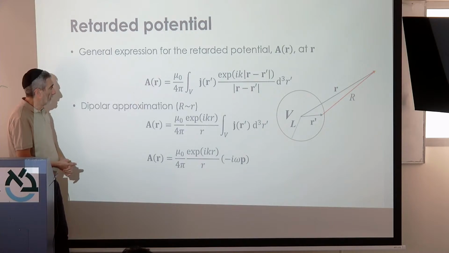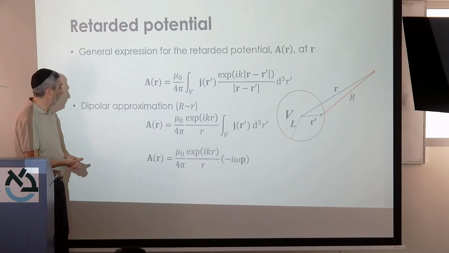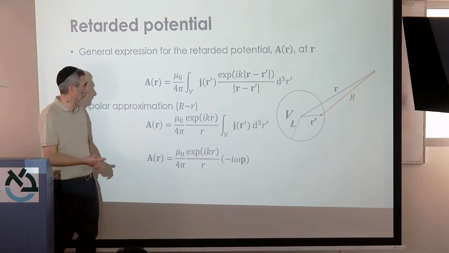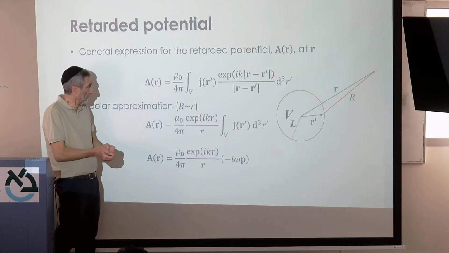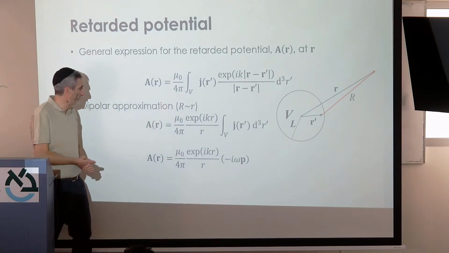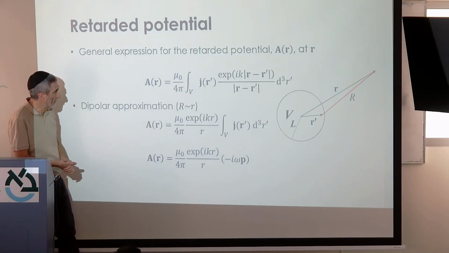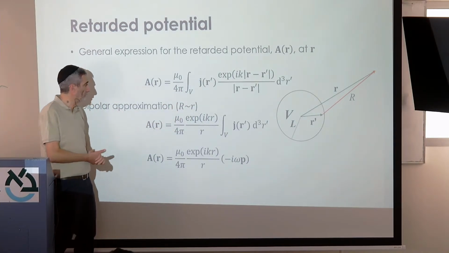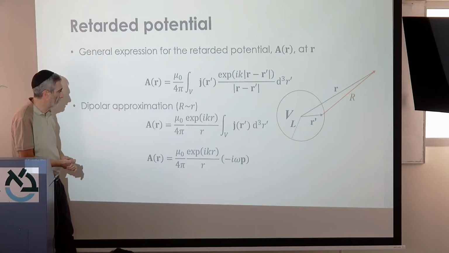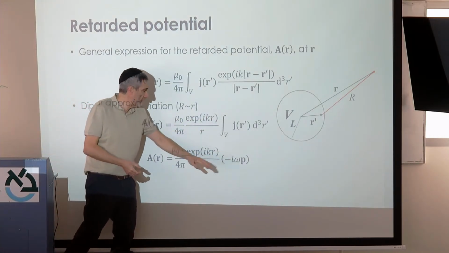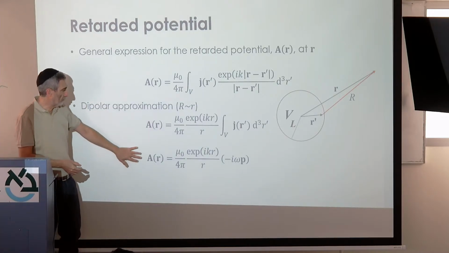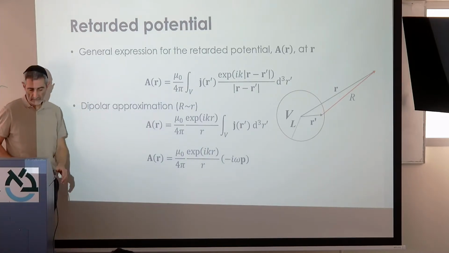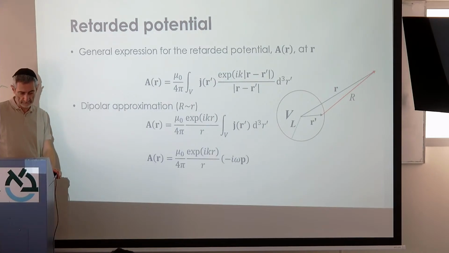In the dipole approximation, which means that we are very far, or the scattering is very small, so r is roughly small r. All this simplifies: you can take the exponent and the denominator out of the integral, and this integral is just the derivative of p. So that's the expression in the case of the dipole approximation for the retarded potential. That's what we discussed last time.